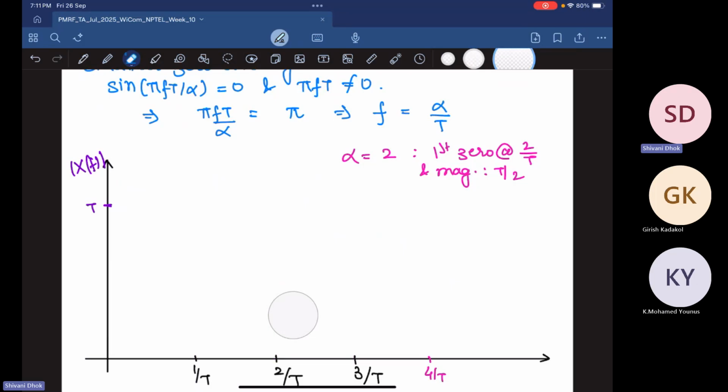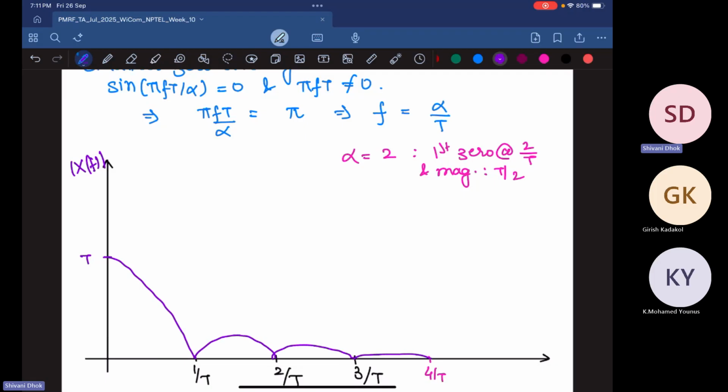I'll just change it a little bit; I want T by 2 to be there. So it goes like this. For alpha equal to 2, it starts with T by 2, and the first zero crossing occurs here, the second zero crossing occurs here, and so on. This one is for alpha equal to 2.